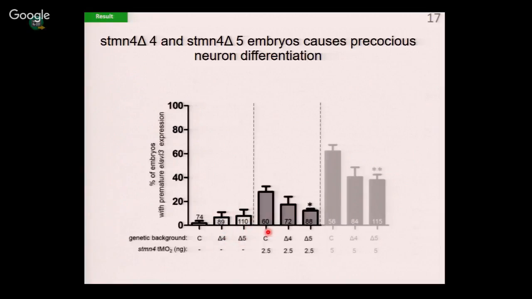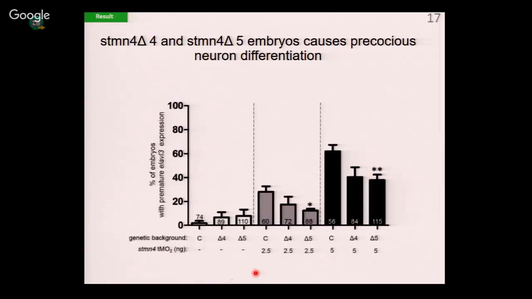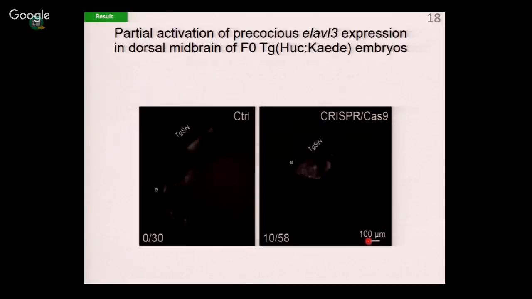They also tested the response to stem 4 morpholino 2 and found the morpholino 2 induced premature LVO3 expression was significantly lower in stem 4 deletion 4 and deletion 5. This indicates that the observed premature LVO3 expression in dorsal midbrain was induced by stem 4 morpholino 2.